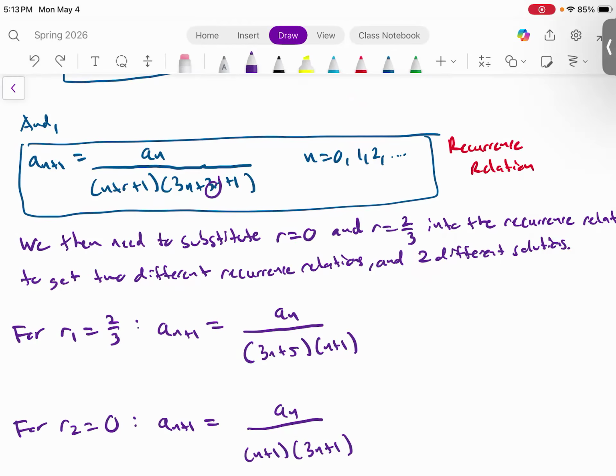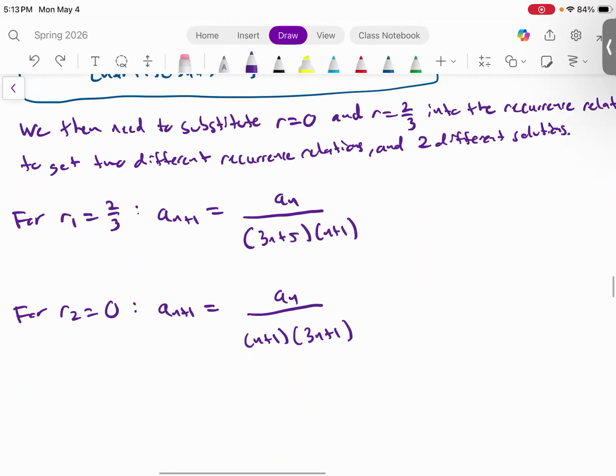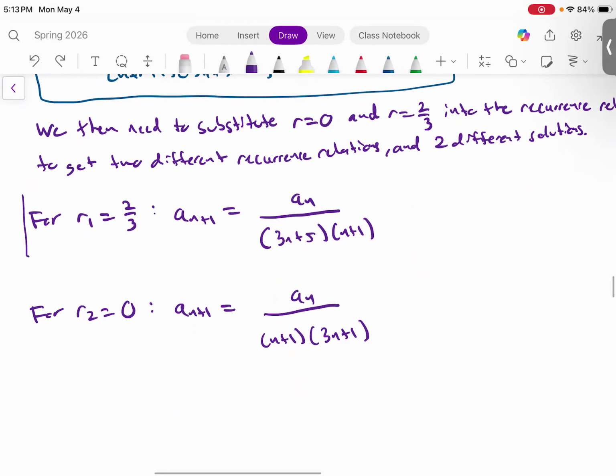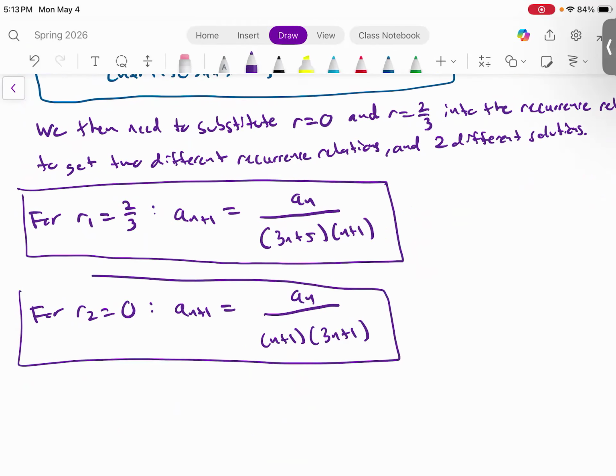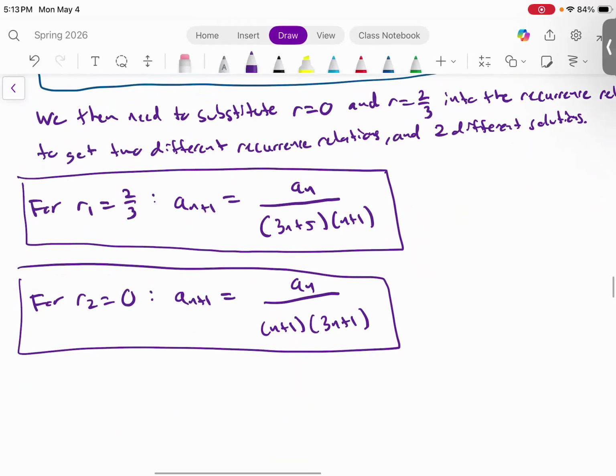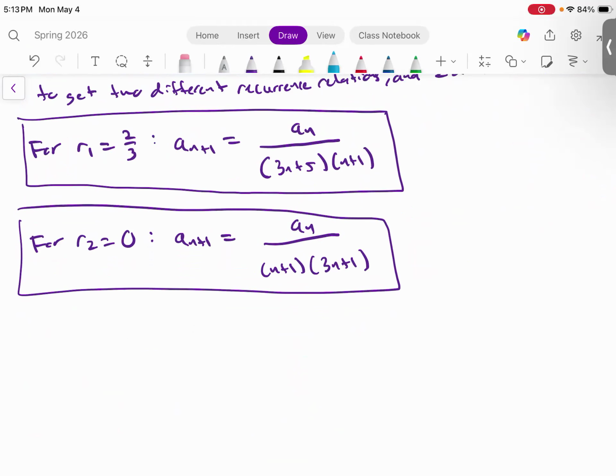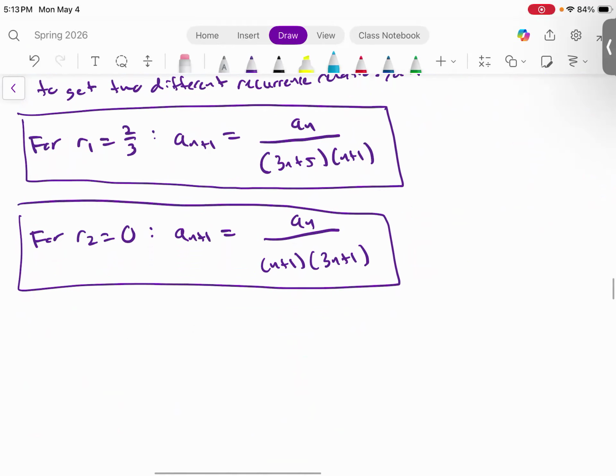All right, sounds good. So let's go ahead and keep moving. Those are my two recurrence relations. So we got to go out and find what the power series solutions would be for these. Okay, so these are my two recurrence relations. I'm going to go ahead and box them up. All right, so let's do our first one.